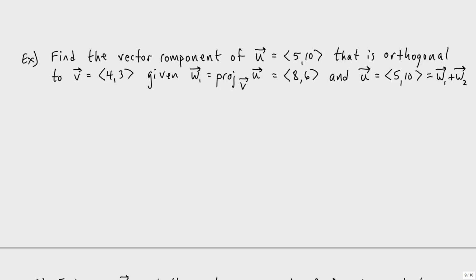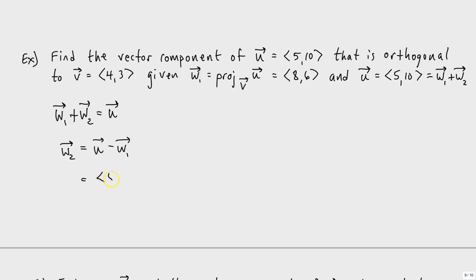So we know that W1 plus W2 is u. So W2, the one we don't know, that we're calling the vector component of u, would just be vector u minus vector W1, or the projection.